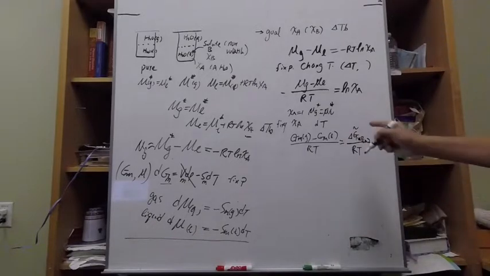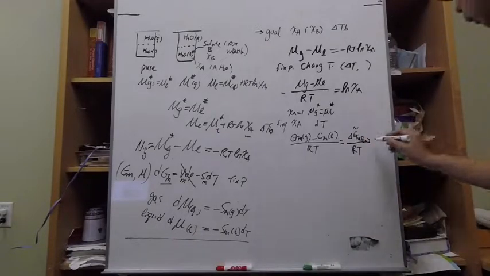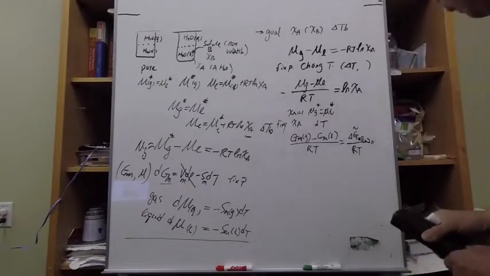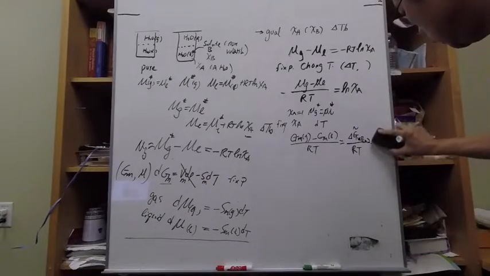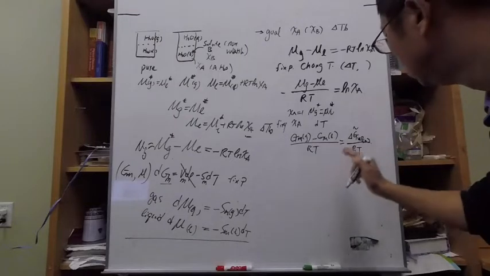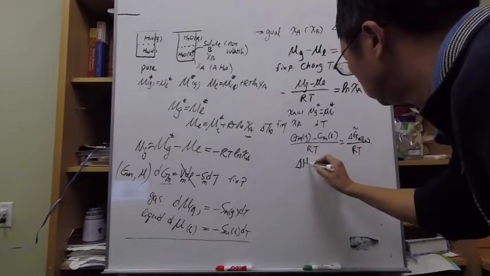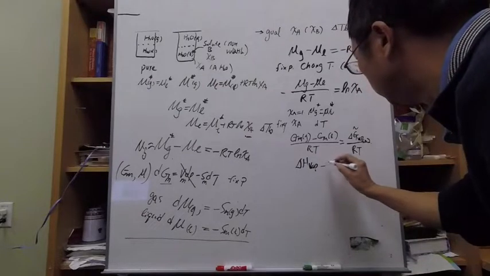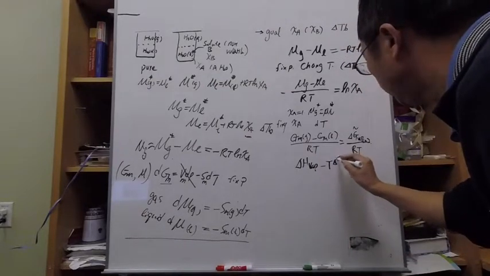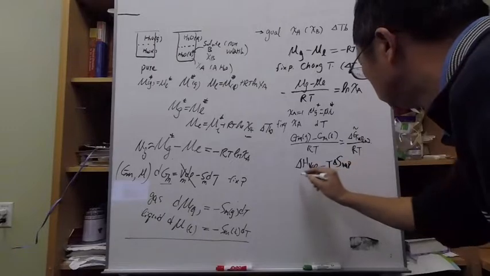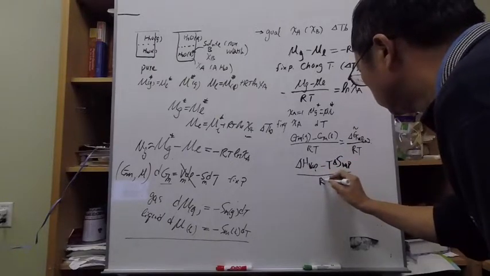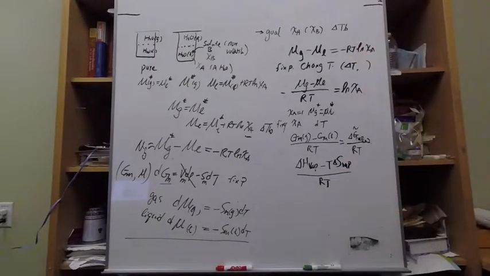If you write it this way, then you probably know what to do, because you can say, oh, this is something familiar. Let me write a little bit down here. So now this really becomes delta H vaporization minus T delta S vaporization, divided by T, right?